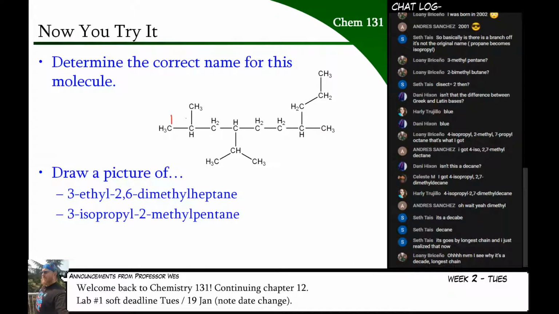So the correct numbering scheme for this would be that. And then we got to name the groups, so we got 2-methyl. We got 4-isopropyl.